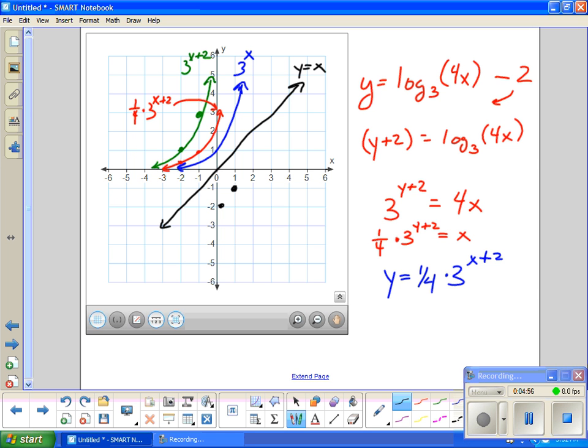Or if I plug in 0, I'm sorry, 9 times 1/4 gets 9 fourths. So 9 fourths. And I'll get a curve that looks like that. And this curve is log base 3 of 4x shifted down 2.